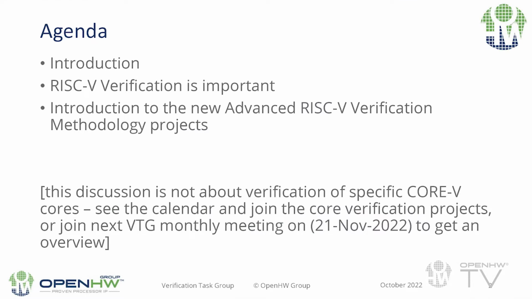I have a couple of guest speakers who are going to come and say a few minutes on that. And then I'll talk about the new projects, the Advanced RISC-V Verification Methodology projects. It's not a discussion about specific CORE-V cores of OpenHW. If you want to be involved with that, join the core verification projects, look in the calendar, or come to the next VTG meeting, which is on the 21st of November.